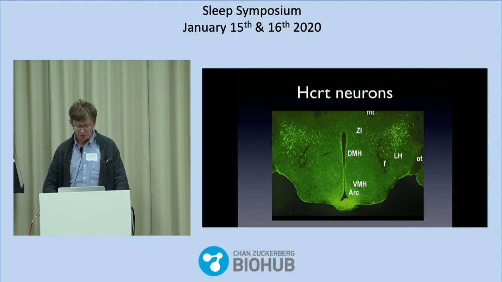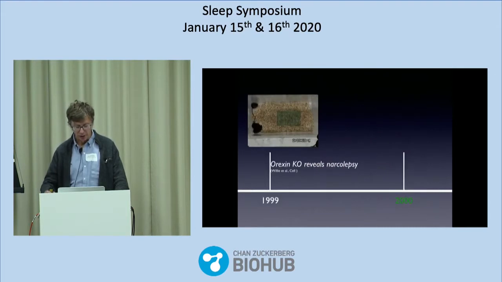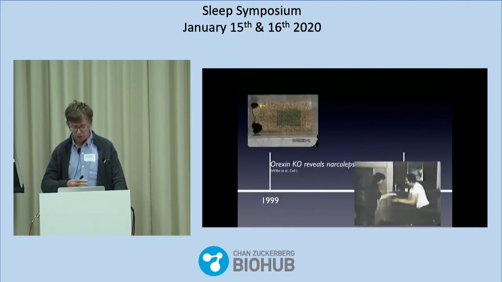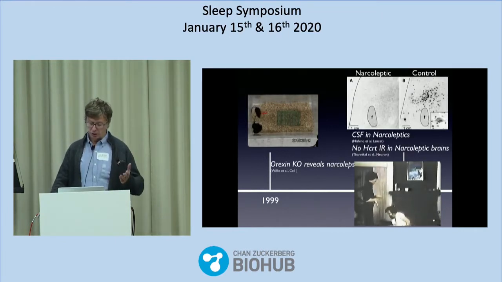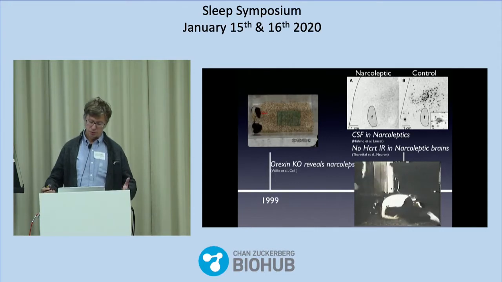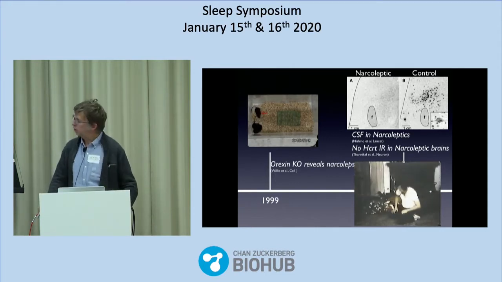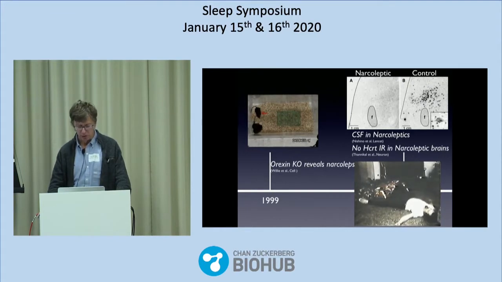Why do I say those neurons are central? That's because work by many labs, Masashi Yanagisawa, Emanuel, and others, has shown that when you are missing these neurons, you have narcolepsy, which is a disruption of sleep architecture. And many of you know about this, so I'm not going to get into the details.